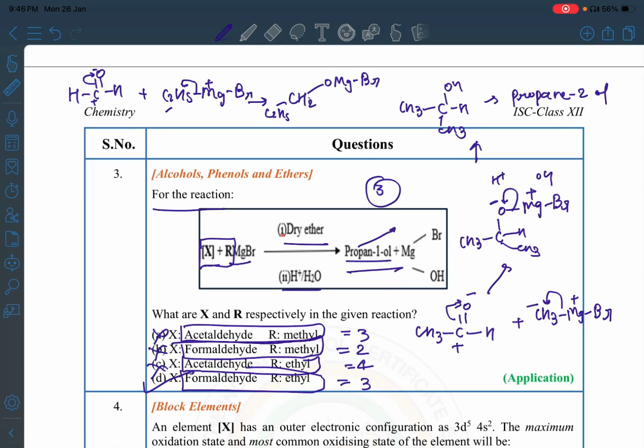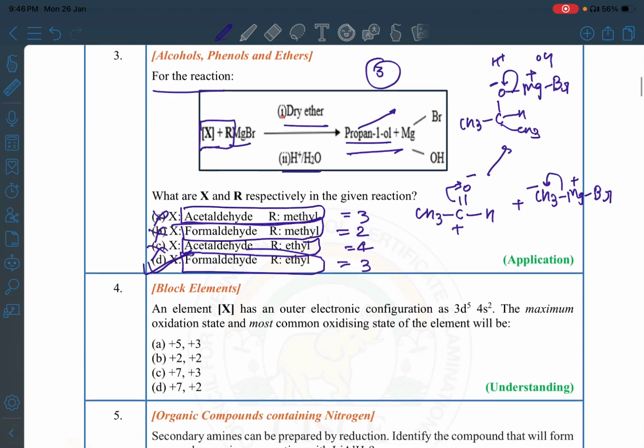Okay. After hydrolysis, this Mg gives us C2H5CH2OH. So this is propan-1-ol. Okay. So answer D is correct for this question.